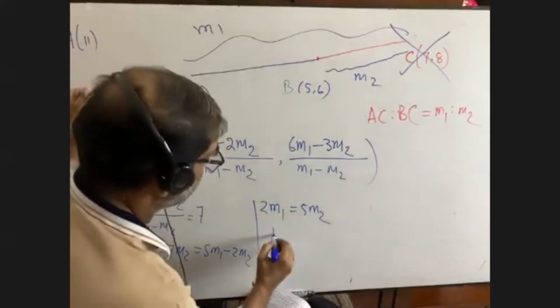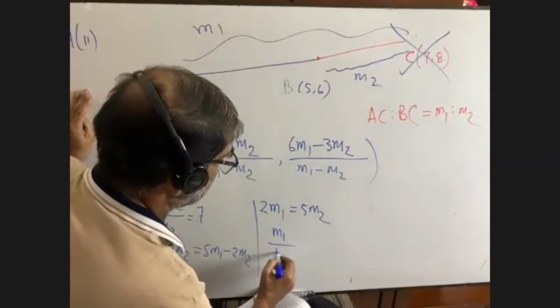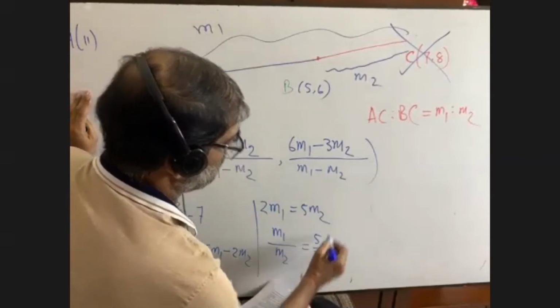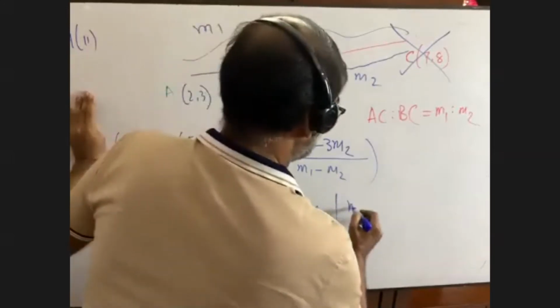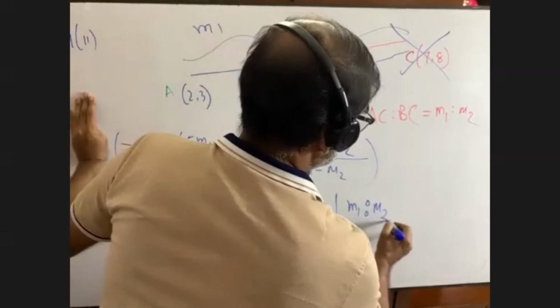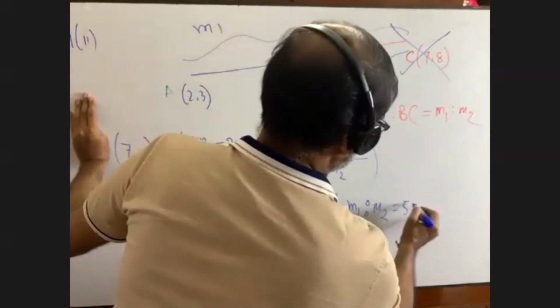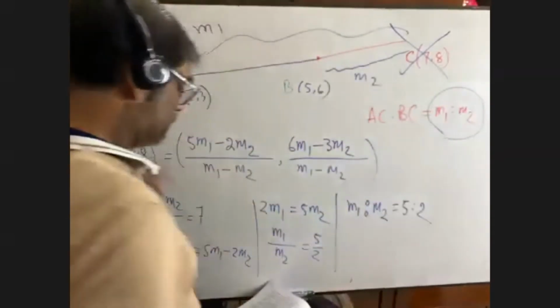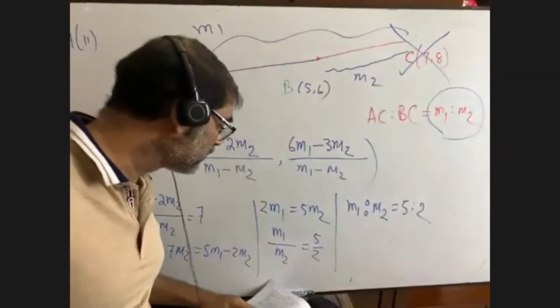That means M1 by M2 equals to 5 by 2. That is M1 is to M2 is equal to 5 is to 2. We were told to find M1 is to M2, and we are done.